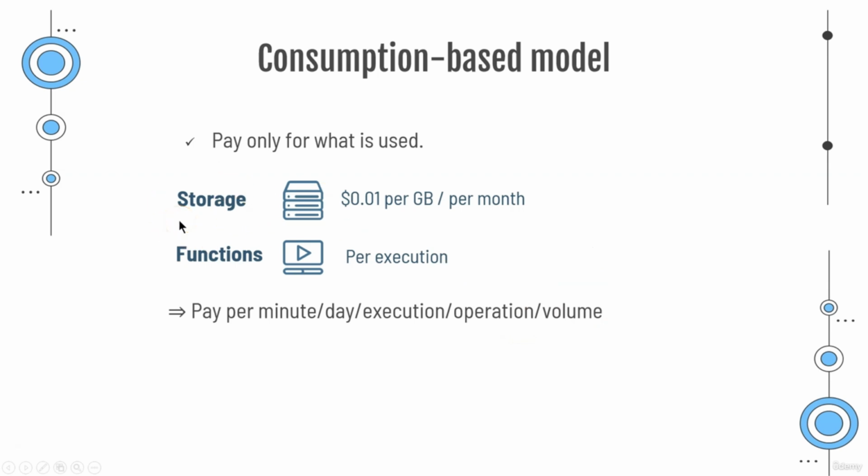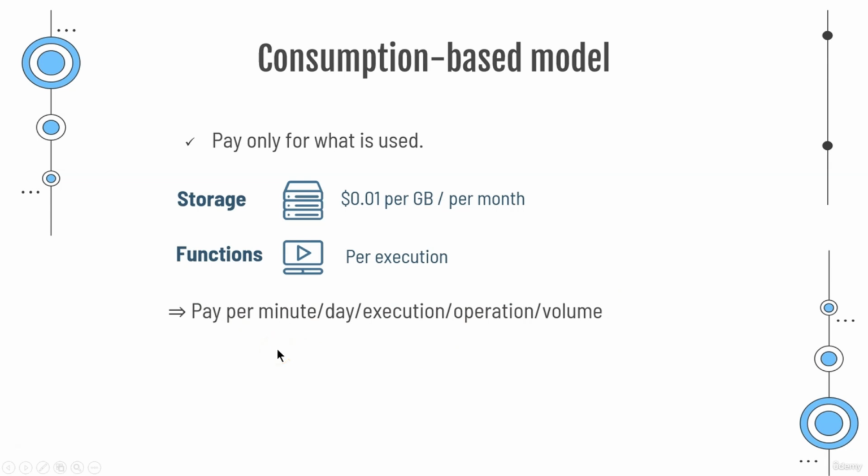So sometimes this can be even a combination of those. So for example, if you imagine you are using a database. In this case, you are paying, of course, per volume and also per operation, but also, of course, per time, because this volume is used for a specific time. So there are many factors that can play a role, but in the consumption-based models, these are the typical ones.